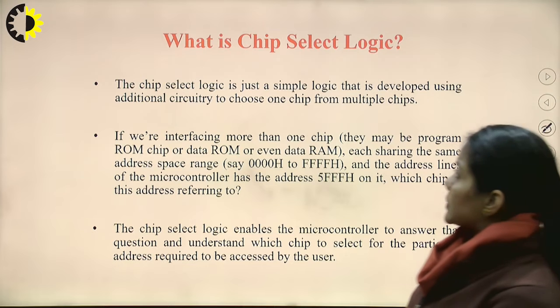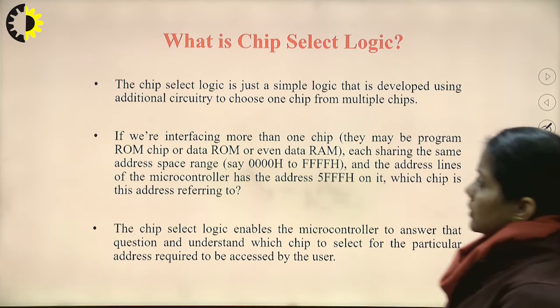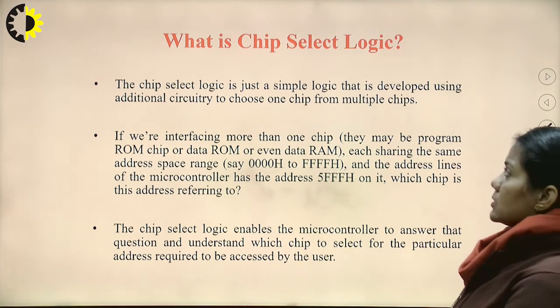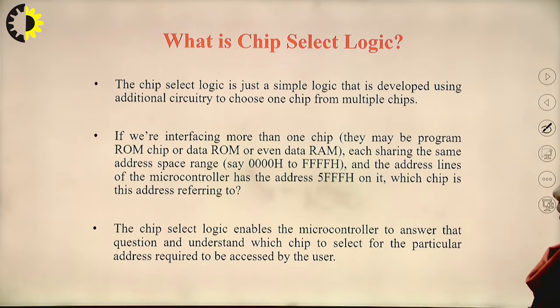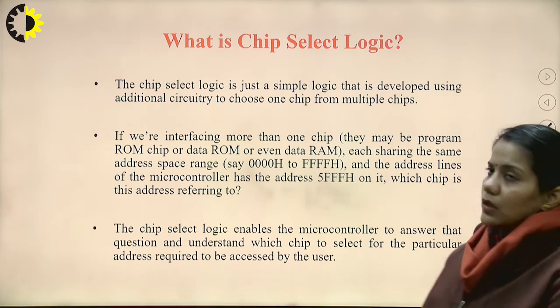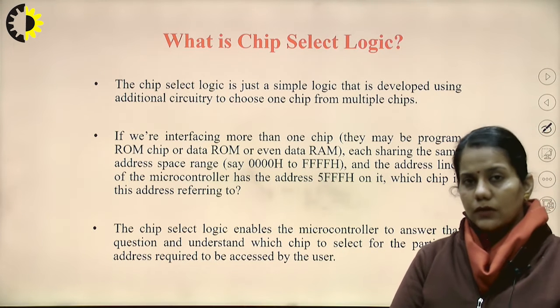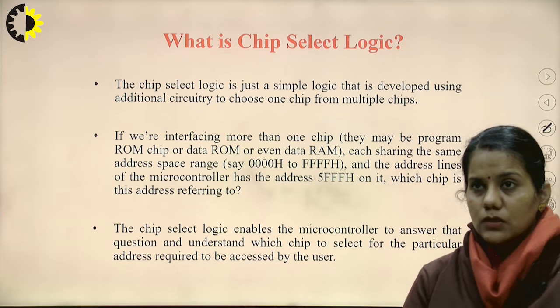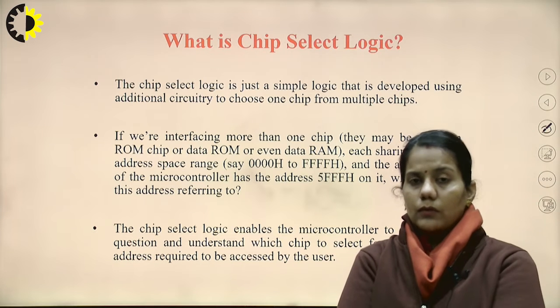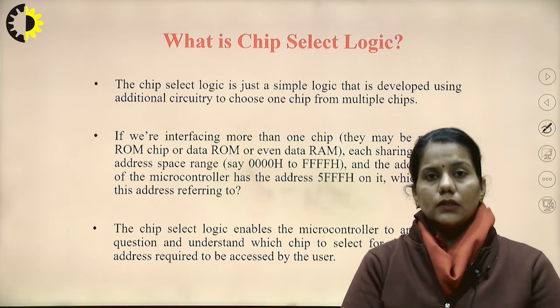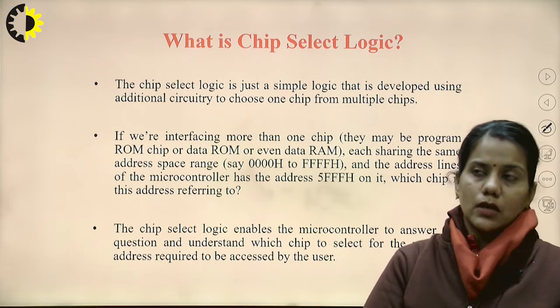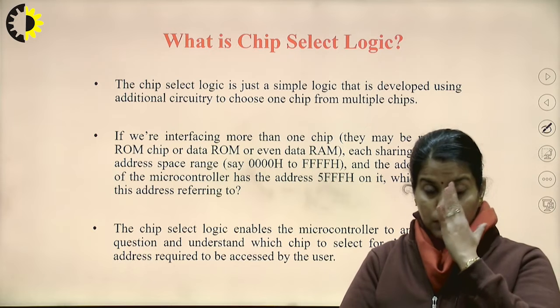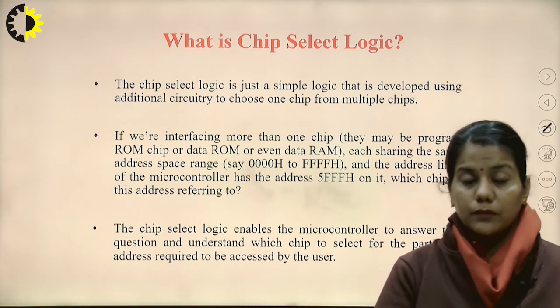So what is the chip select logic? The chip select logic is just a simple logic that is developed using additional circuitry to choose one chip from multiple chips. When we are interfacing memory chips with the microcontroller 8051, there can be multiple chips available to us, and we have to interface those chips according to our need of memory.